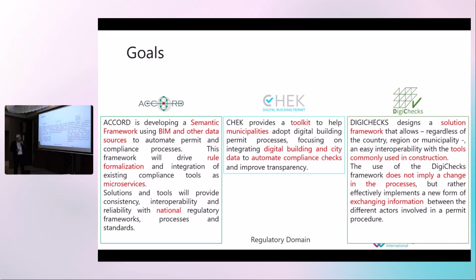of the permitting. DigiChecks is clearly different. It's not so close to our mentality, in my opinion, especially here in buildingSMART.